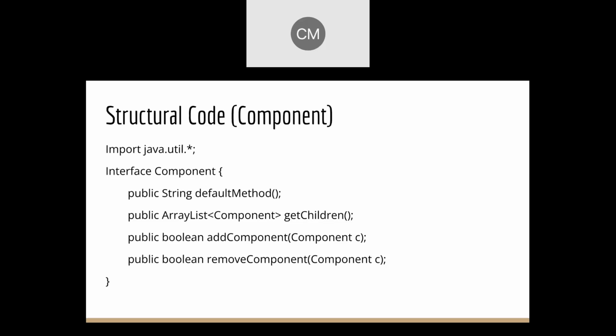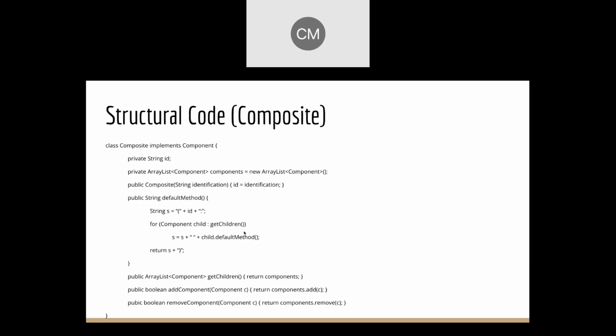So, public boolean addComponent will just return true if component C was successfully added to the components list. Now, public boolean removeComponent will return true if component C removes the component successfully from the components list, which we will see what the component list is on the next slide.